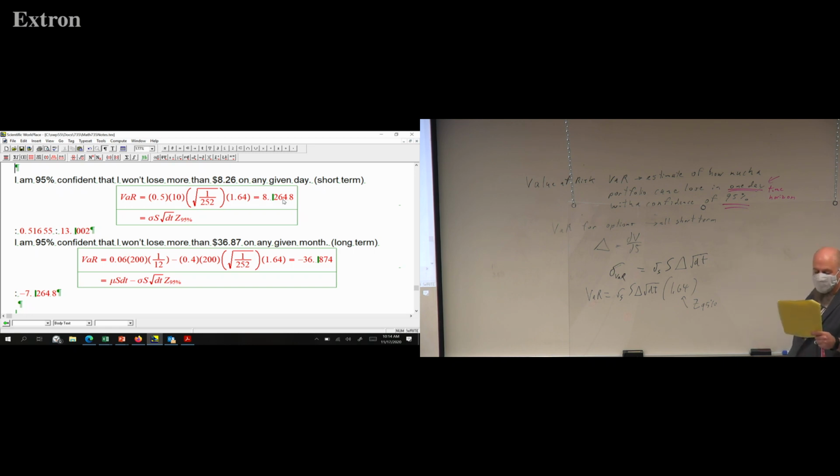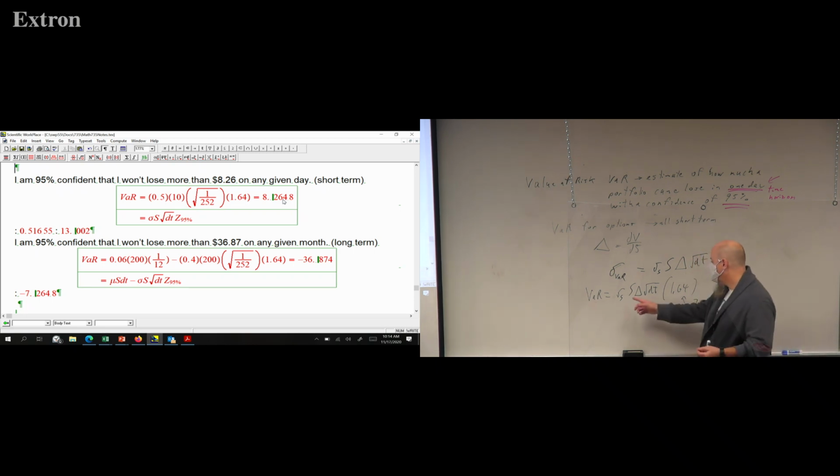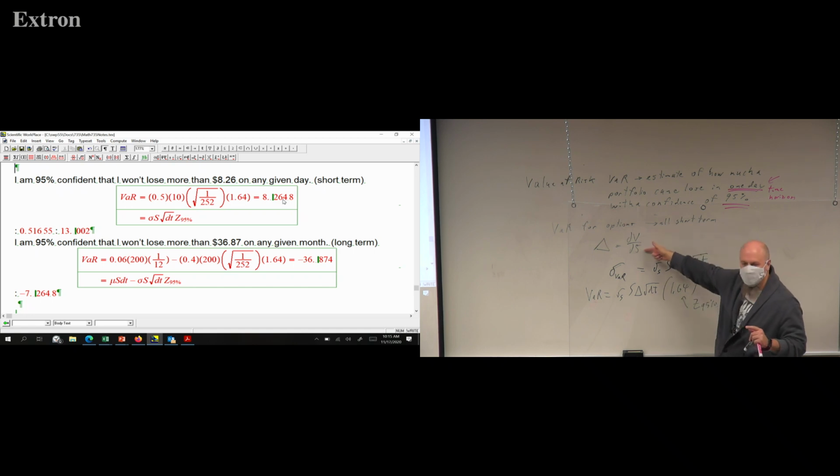So the only modification is I want to know how many dollars: sigma S root dt times 1.64 is the change in the stock, and the delta is the change in the option for a change in the stock.